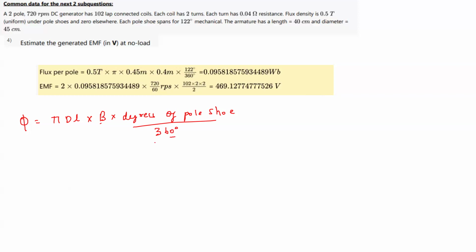Like this. Okay, so this is the situation. Now this flux we get, so if we put it, we will get flux as 0.0958 Weber.